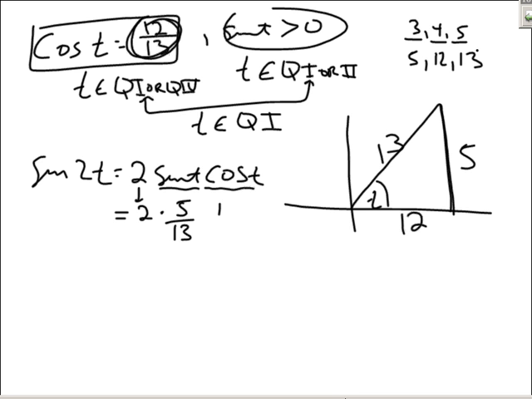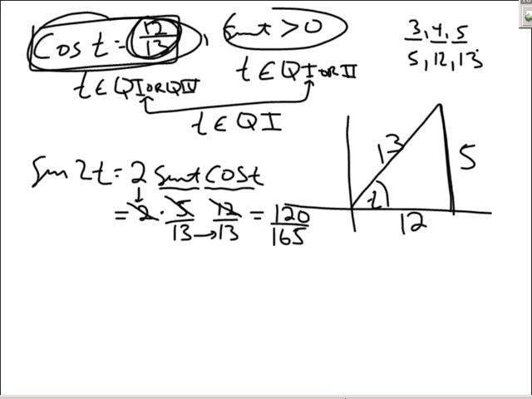Cosine of t is adjacent over hypotenuse, or you can say they gave us that. And 13 times 13 is 169. So I'll change that in a moment. I wrote 165. 2 times 5 is 10, times 12 is 120. It's 120 over 169.